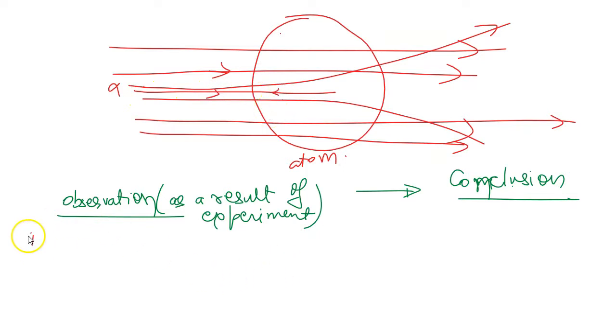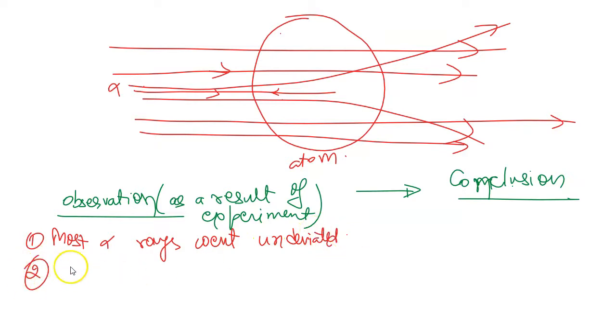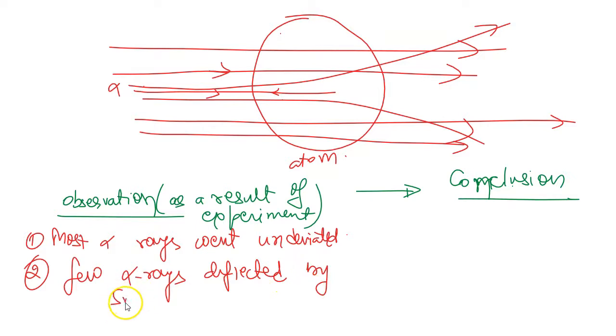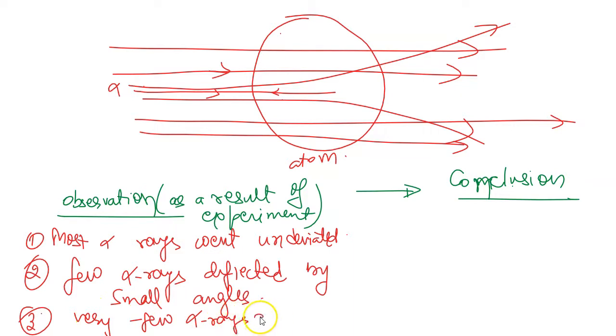So what was his observation? Most alpha rays went undeviated, and a few alpha rays were deflected by small angles. And very few alpha rays were retracing the path.